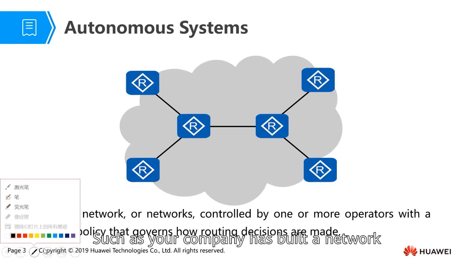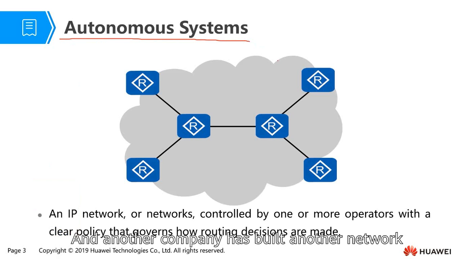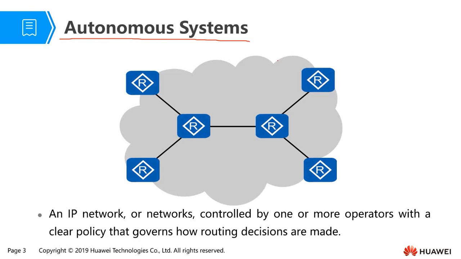Such as your company has built a network, and another company builds another network, and then the networks of your company and the other company are connected together. This is the internet, but your company is managed by the administrator of your company, and this is one autonomous system, and the network of the other company is another autonomous system.